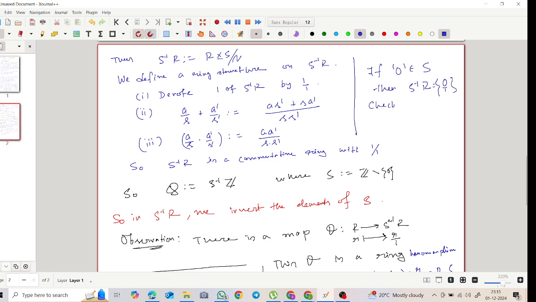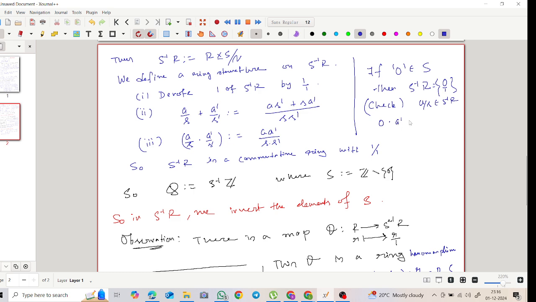Check it, because for every element a by s belonging to S inverse R, you can multiply it by 0.